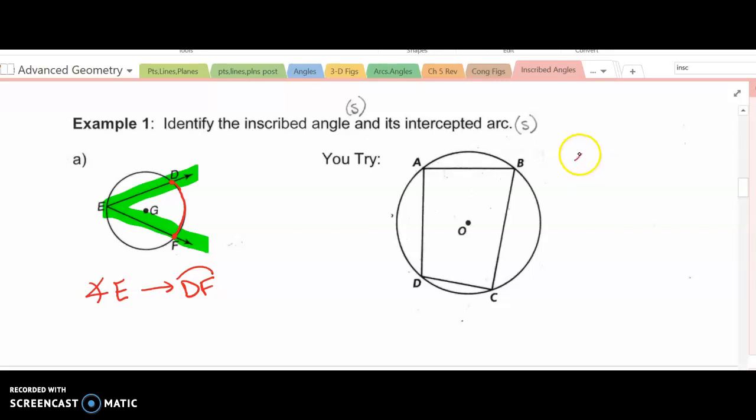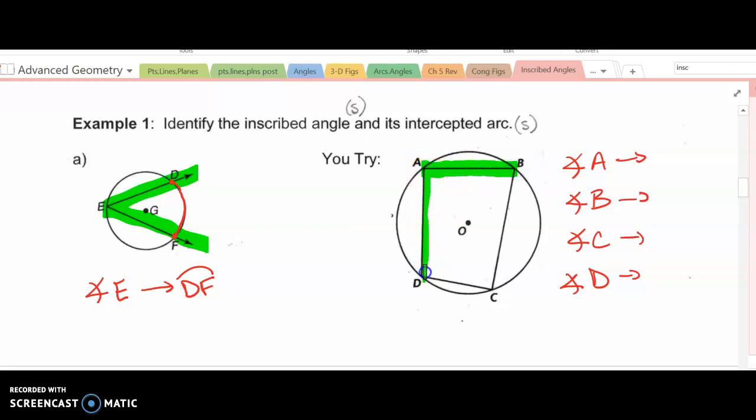On the Your Try though, you have 4 angles, A, B, C, and D, that are all inscribed angles. Let's look for example at A. So here is A, and I highly recommend using some colored pencils or something to trace out the legs of that angle. Otherwise, it can be difficult to tell where exactly the intercepted arc starts and stops.